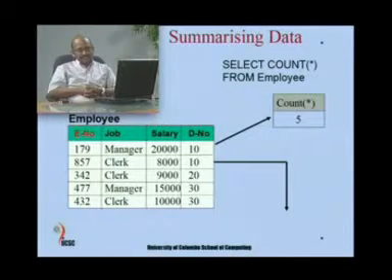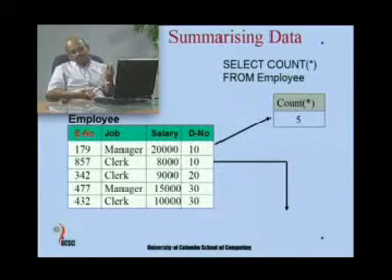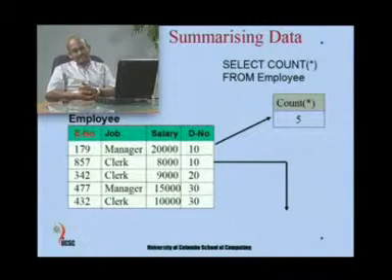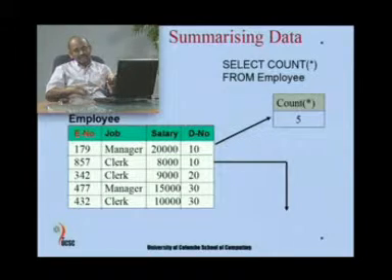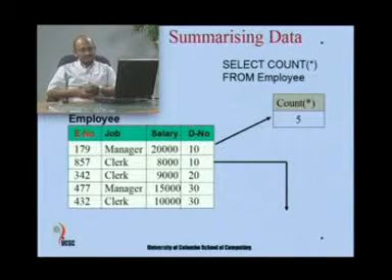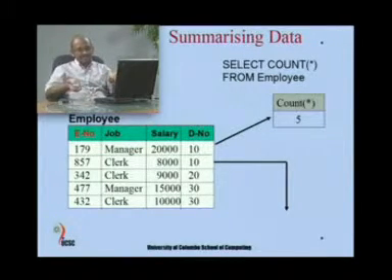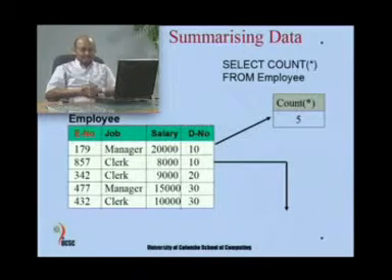In this particular case we are illustrating how to count, and for counting, if you count with respect to any argument, you get the same answer. That is, if you count with respect to employee number, how many employees with employee number, or how many employees with job or salary, all get the same value. So, we use asterisk which indicates anything is ok, and we will identify that there are 5 rows.